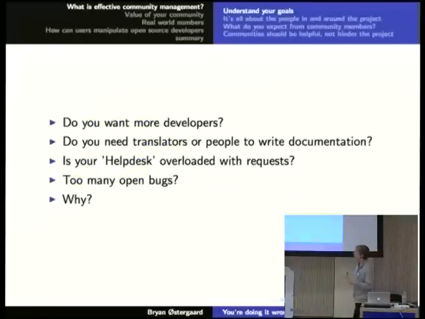So what you have to do, first of all, is you have to figure out what do I want from my community. There's a ton of things you might want from a community. If you talk to a lot of open source developers, they are going to tell you that, yeah, I want a big community. And that's it.